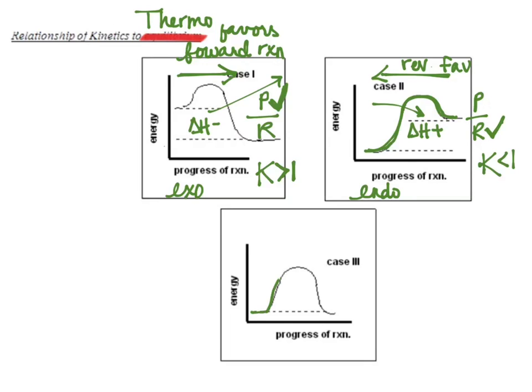Here, what we're seeing in case 3 is a delta H of 0. So we have no heat loss or exchanged here. So what can we say about K here? K is equal to 1. These are all at equilibrium, okay? It just depends on which way you're being favored.